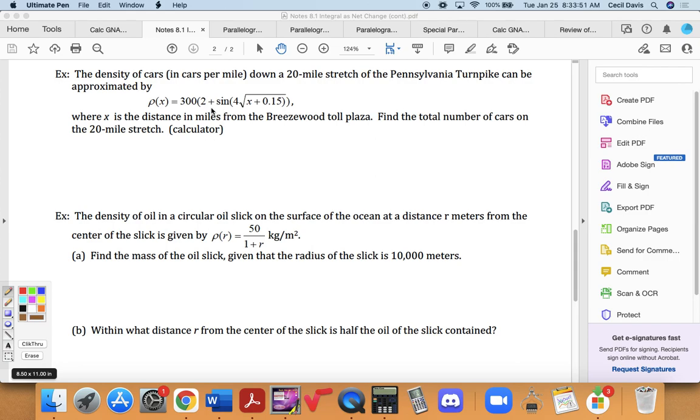So if this is the density, where x is the distance in miles, then we're just going to do the integral from 0 to 20 of rho of x dx. So grab a calculator for that.